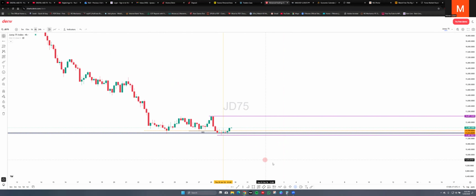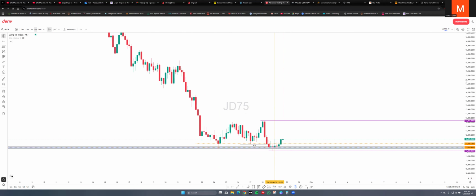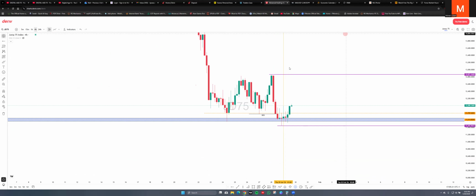On the 4 hours, this thing is already bearish. If you notice, this whole push broke below this structure here. It broke below the structure, so it's already bearish by what we can see. So we have a range to trade as a sell.